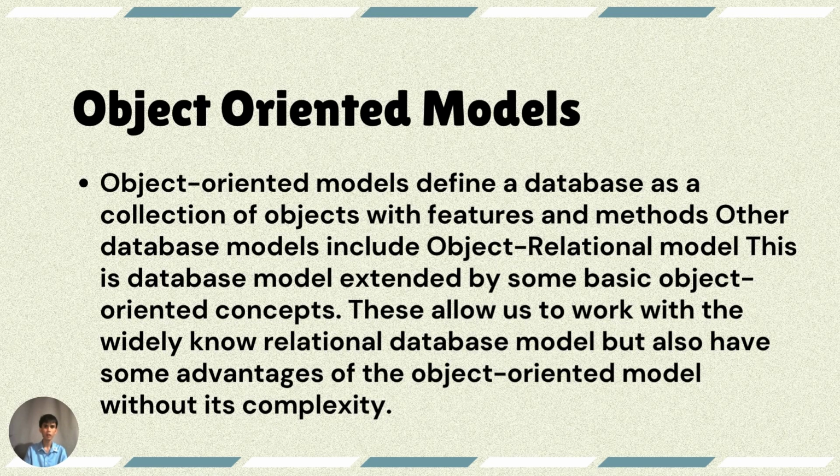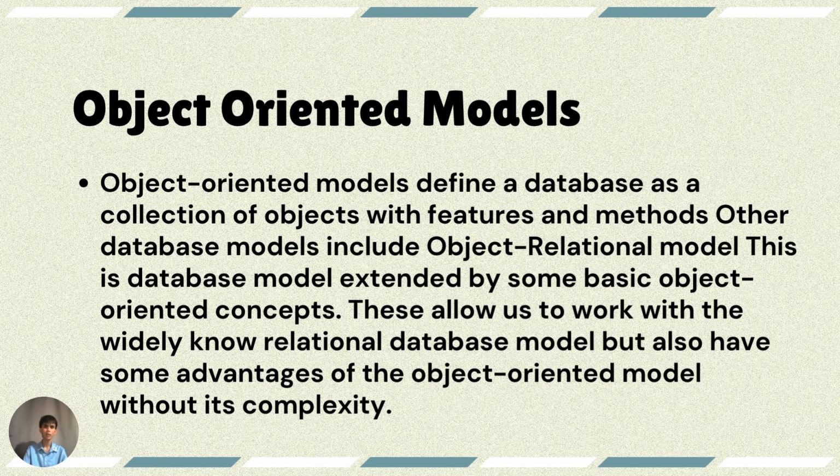Additionally, we have the object relational model. This is an exciting hybrid that combines the best of both worlds: the familiar relational database model and some key concepts from object-oriented design. It retains the structure of a relational database but adds the flexibility and capabilities of objects.